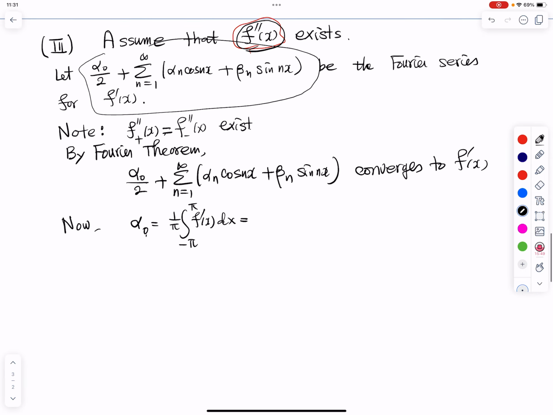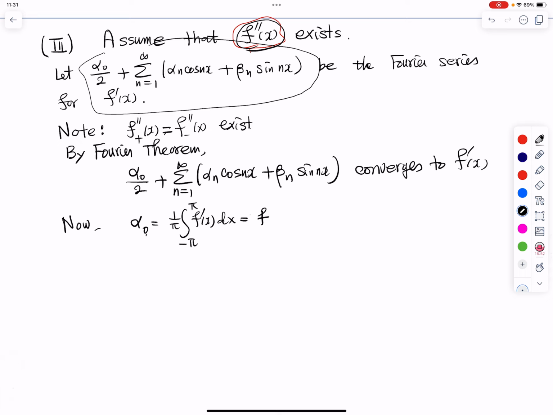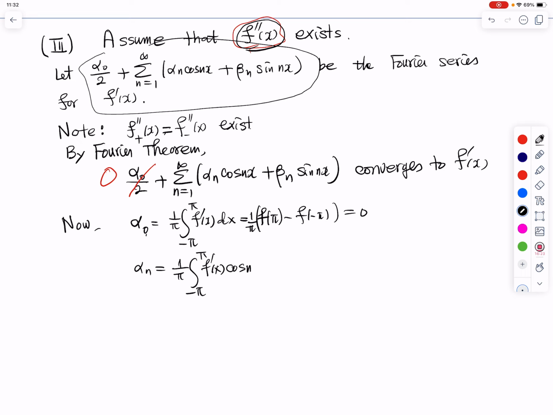So this becomes 1 over pi times f of pi minus f of minus pi, which is 0. It's gone. And then let's compute alpha n. That was 1 over pi times the integral from minus pi to pi of f double prime cosine nx dx.